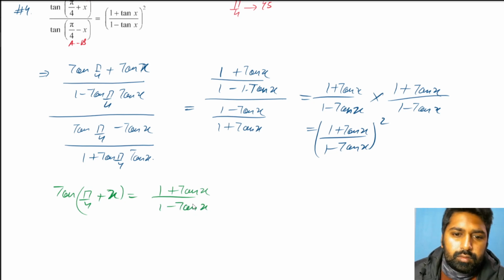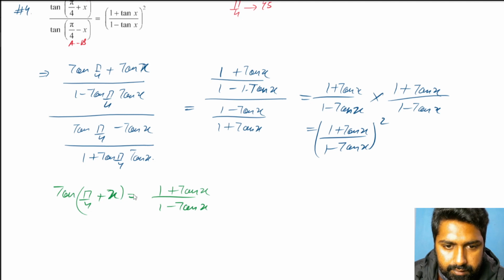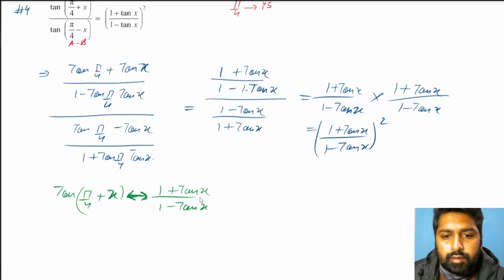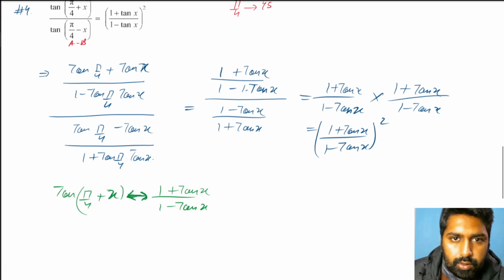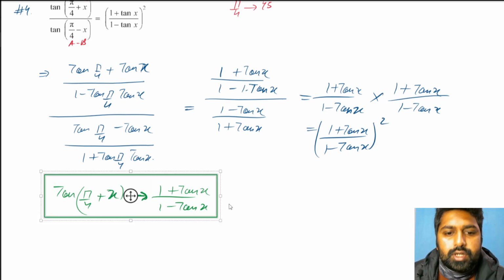Now remember this both ways. More importantly, the reverse one, because when this expression will come and I ask you to convert this into a single tan, you might not be able to recall that this was an identity. So learn this. It will be used in the later stage.